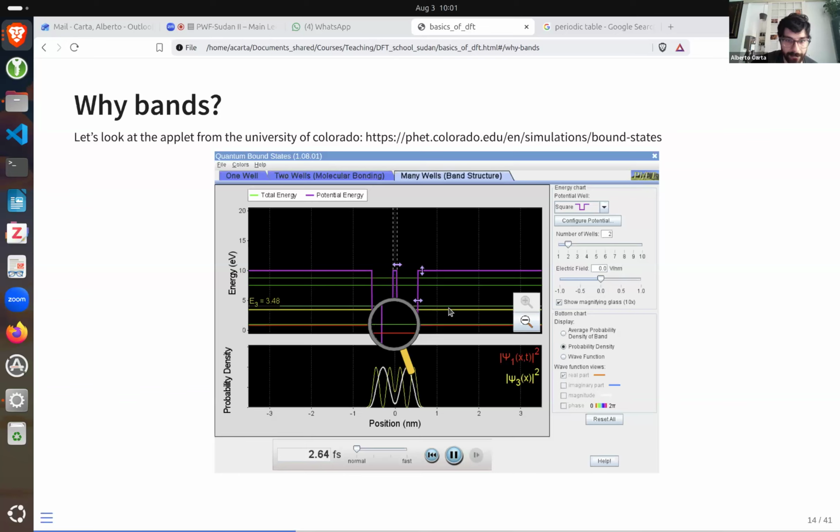And if you saw, every other state gets another twin state that is very close in energy. So in your opinion, what will happen if I add another well?